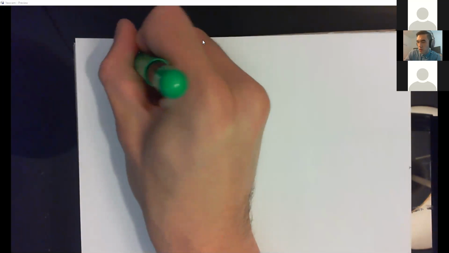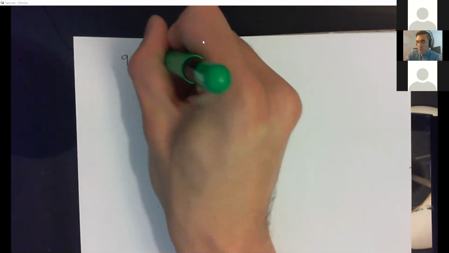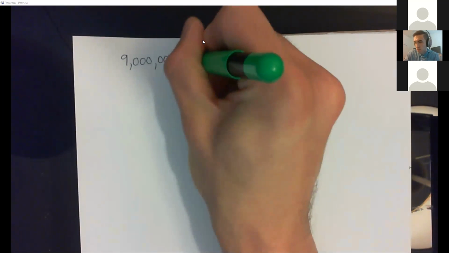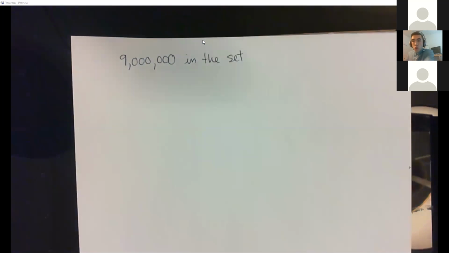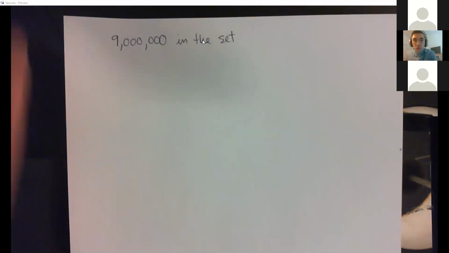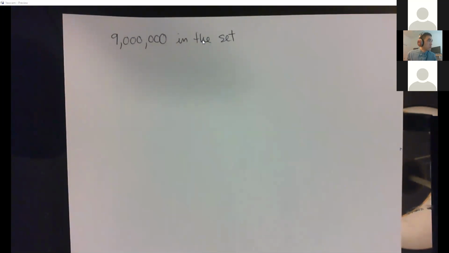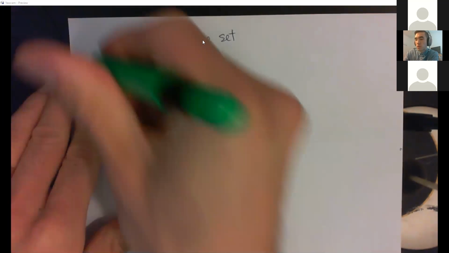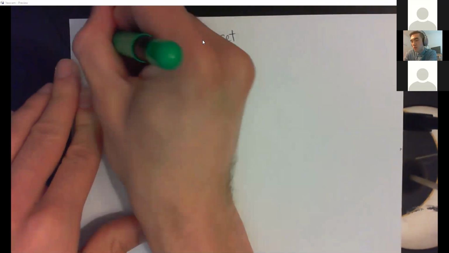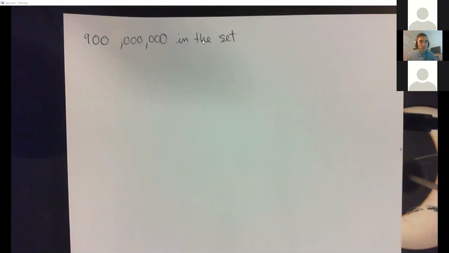So 900 million elements in the set. No, this is saying if I were to make a list of numbers, the list is 900 million. If I was to make a list of numbers, like 1, 2, 3, 4, this is saying that there are 900 million numbers in that list, not that that's the length of any given number.